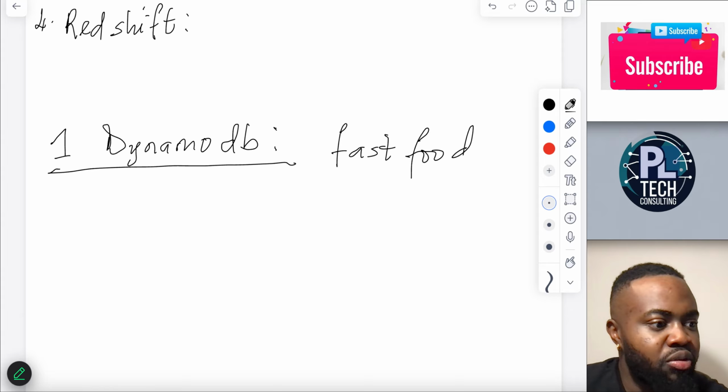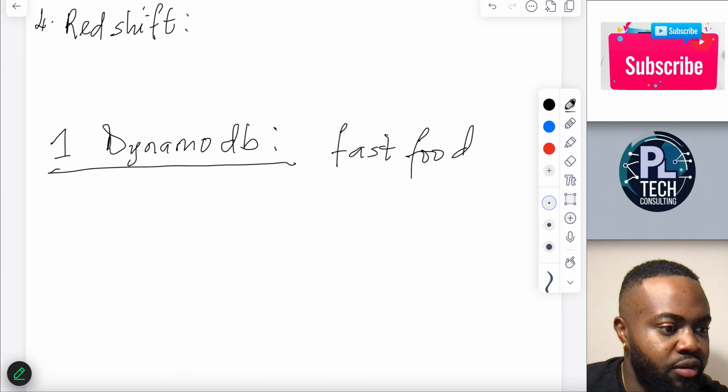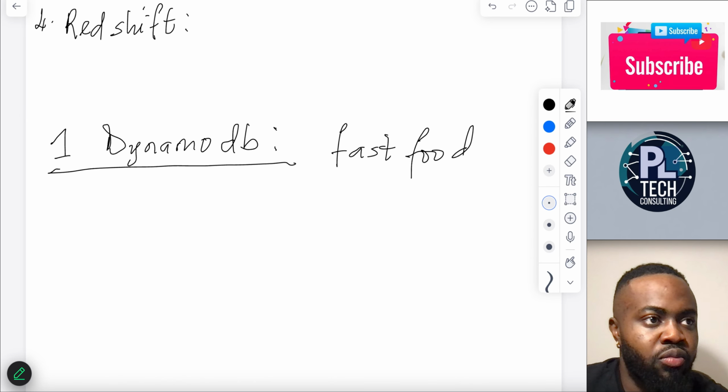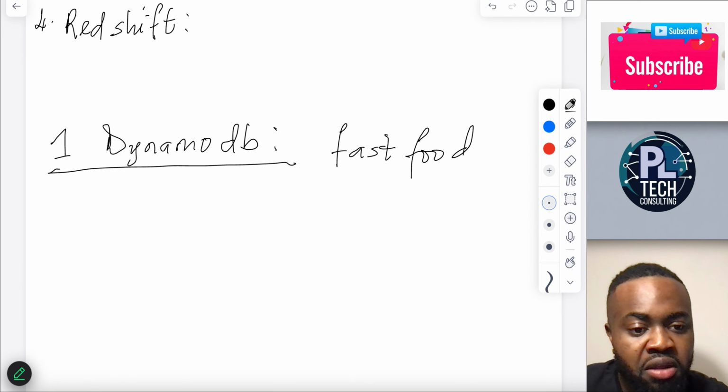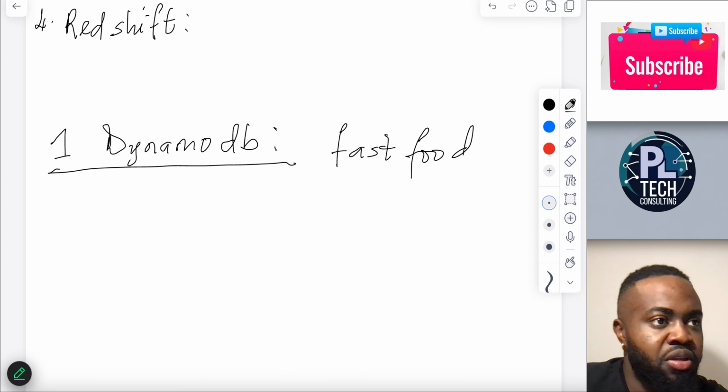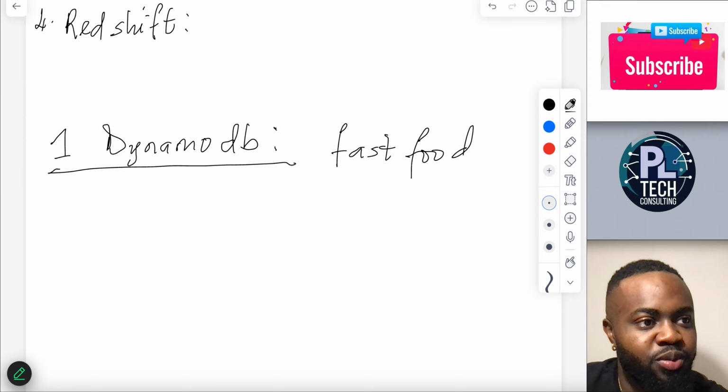How that translates on a technical front is sub 10 millisecond response times, a simple key data structure, auto scaling to millions of requests, and no capacity planning required. And you see, that translates so well to a fast food restaurant.